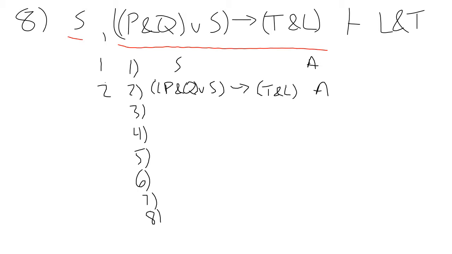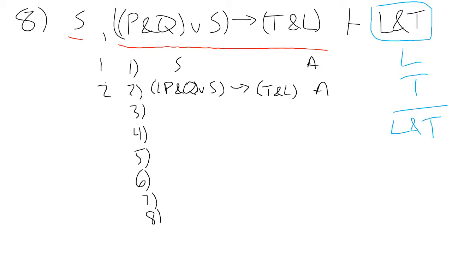I know that looks very intimidating right now, but we should be able to build that based on what we've got. Let's look at our conclusion. Our conclusion is an ampersand. It's L and T. That's telling me I'm looking for L by itself, I'm looking for T by itself, and then I'm going to put them together to create L and T.